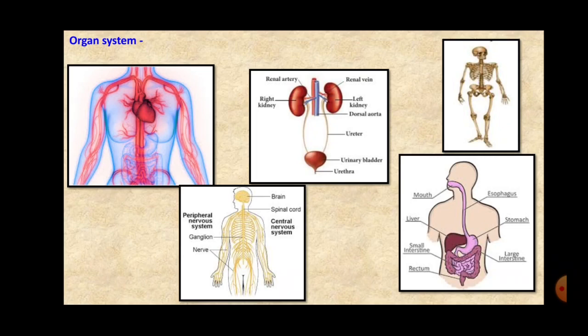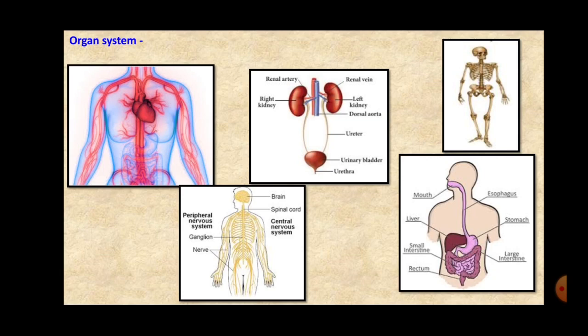Like in the first one, circulation of blood takes place. Second one, excretion takes place. Third one, the skeleton is formed. Fourth one, the nerves are found, and in the fifth one, the digestive system is there, where the digestion of food takes place.